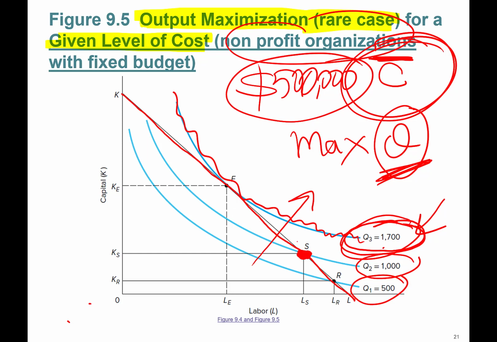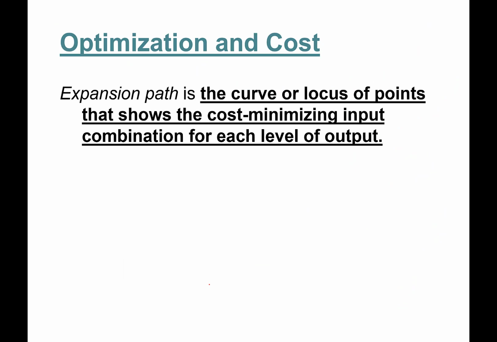However, this is not efficient at point S. Point E is a better point. I could spend all the money, this budget line, and I only can save 500 animals. Point R is not efficient. This combination is efficient. And let's talk about the expansion path, optimization and cost.